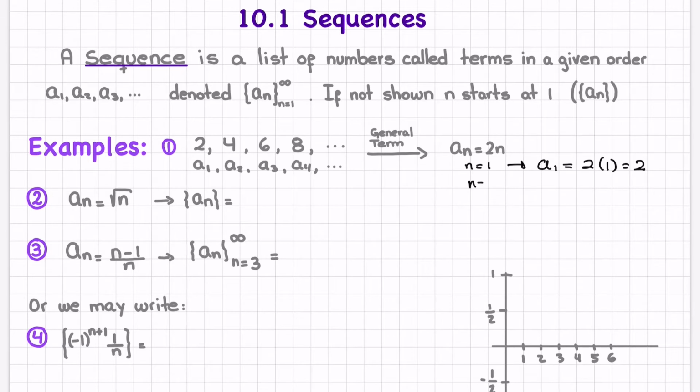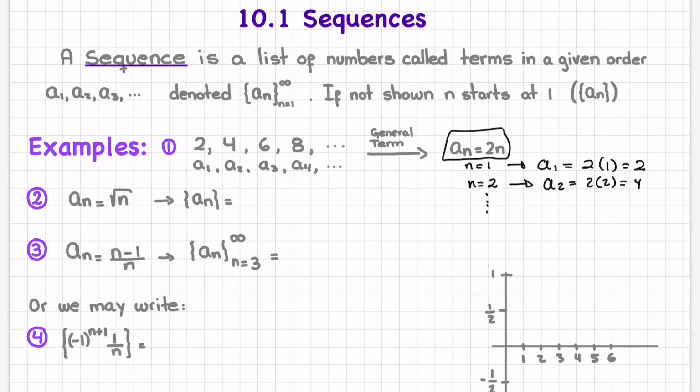Remember, n are integers going from 1 to infinity, so these are a bunch of points, no functions, no lines, points. n equals 2 would be A2, and that's 2 times 2, which is 4. You can see how the general term determines the sequence.